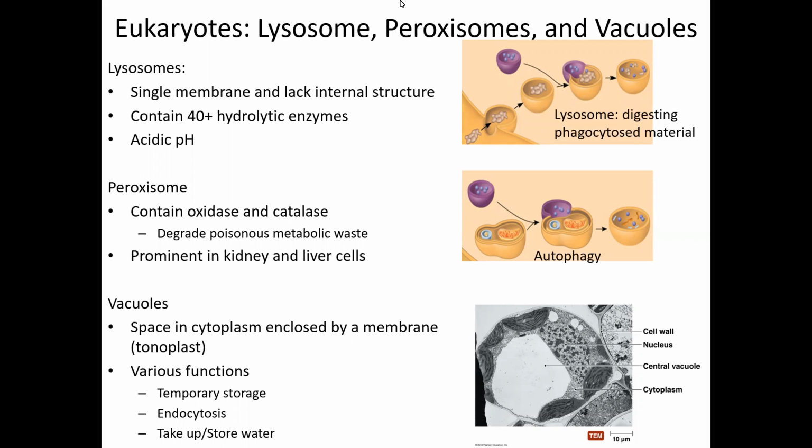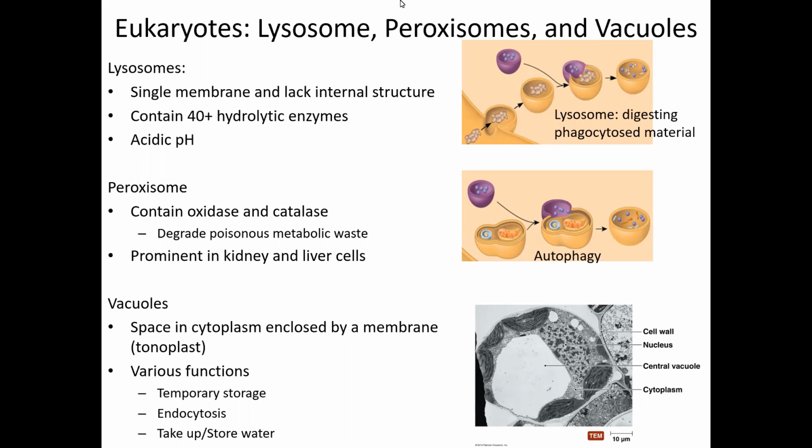Okay, so sometimes the peroxisome will encounter dangerous toxic molecules like alcohols and other things. One step in eliminating those toxic molecules is to convert them to hydrogen peroxide. But hydrogen peroxide itself is also dangerous.